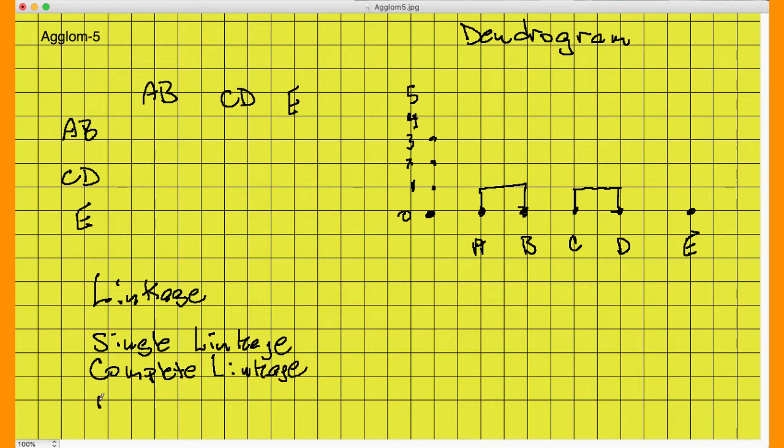And there's something called average linkage. And this one over here we don't care about. These two over here we do care about very much. The first example we're going to look at is going to be single linkage.